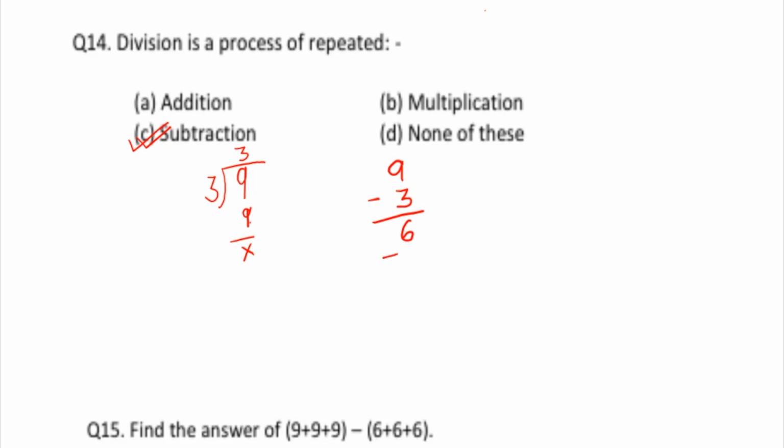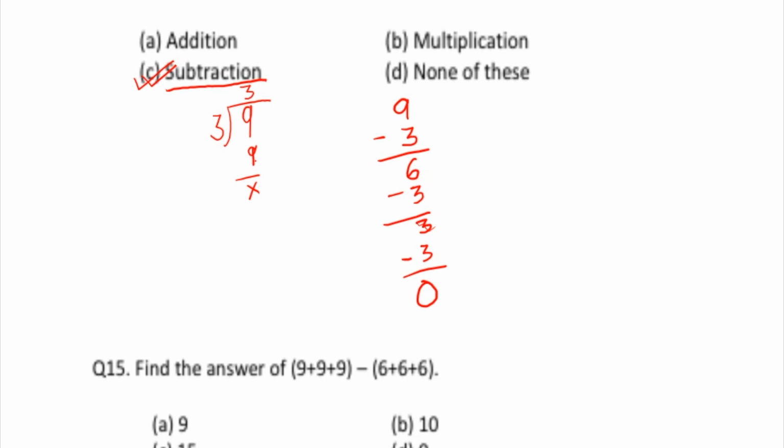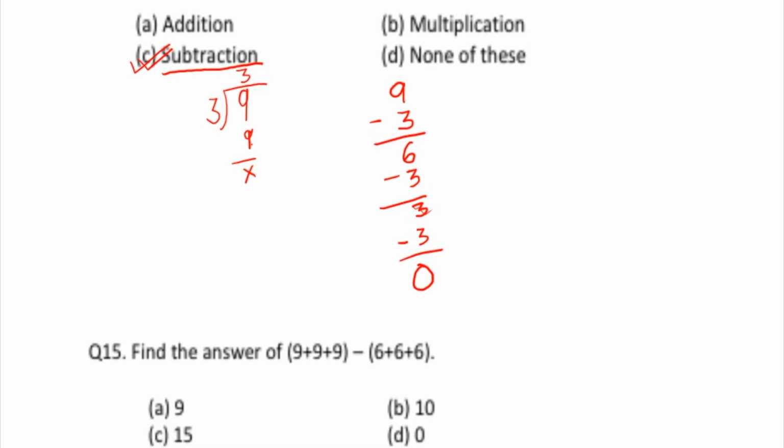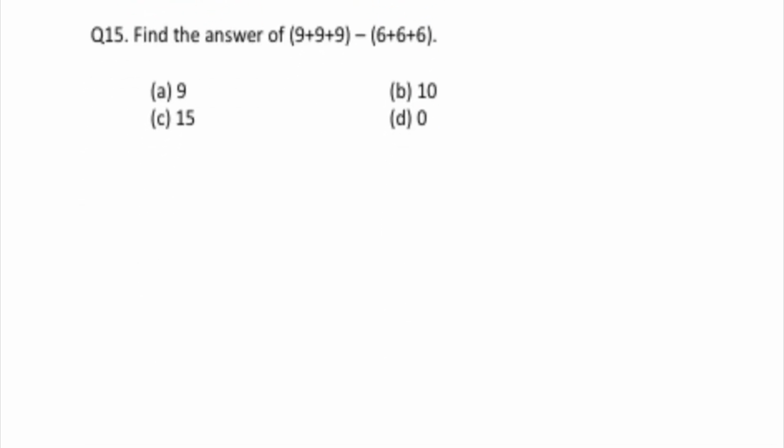Now again we subtract 3, it is 3, and again we subtract 3, it is 0. So division is the process of repeated subtraction. Now moving on to question number 15.